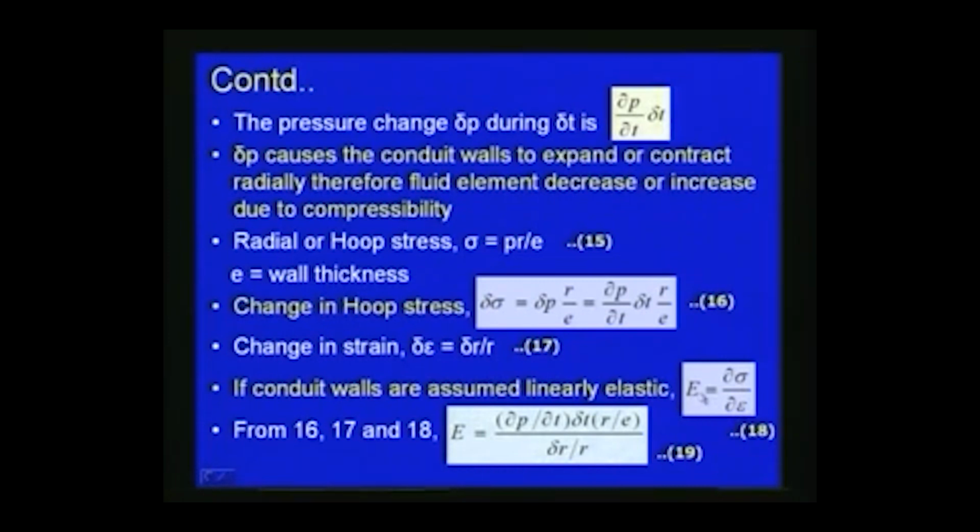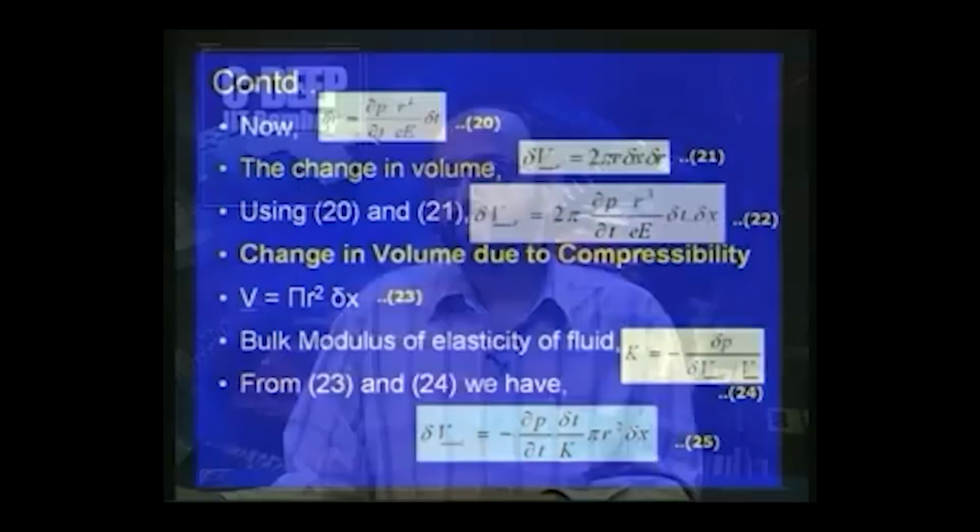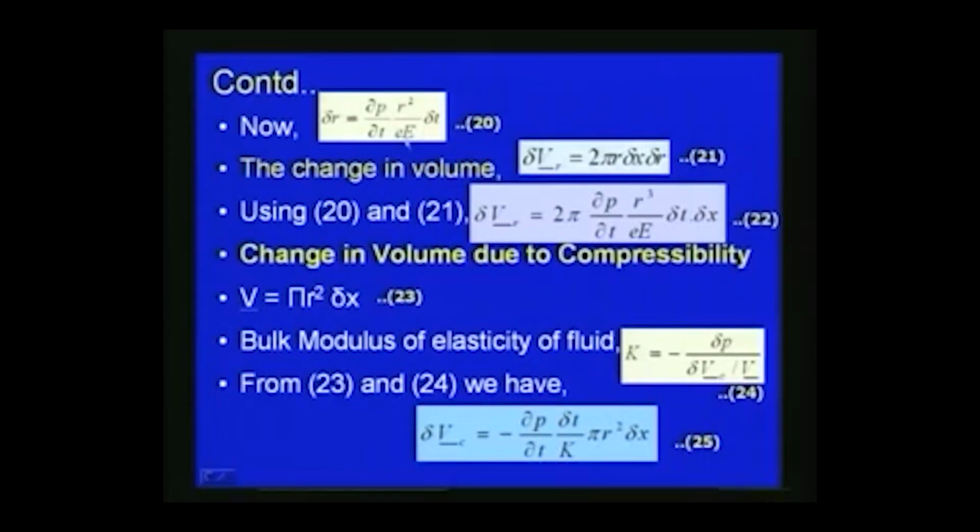So, E is obtained from these equations number 16, 17 and 18 as E is equal to del P by del t into delta t into R by e divided by delta R by R as in equation number 19. So, now we can write delta R is equal to del P by del t into R square by e into capital E, which is the Young's modulus, into delta t as in equation number 20.